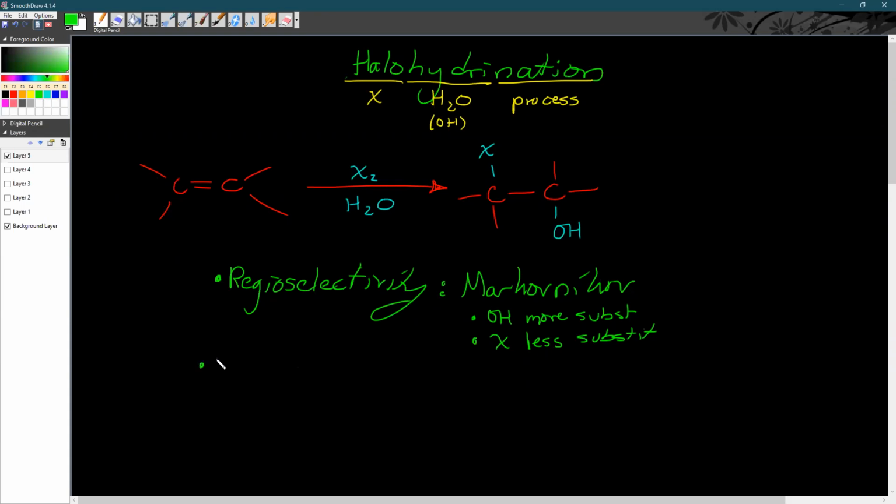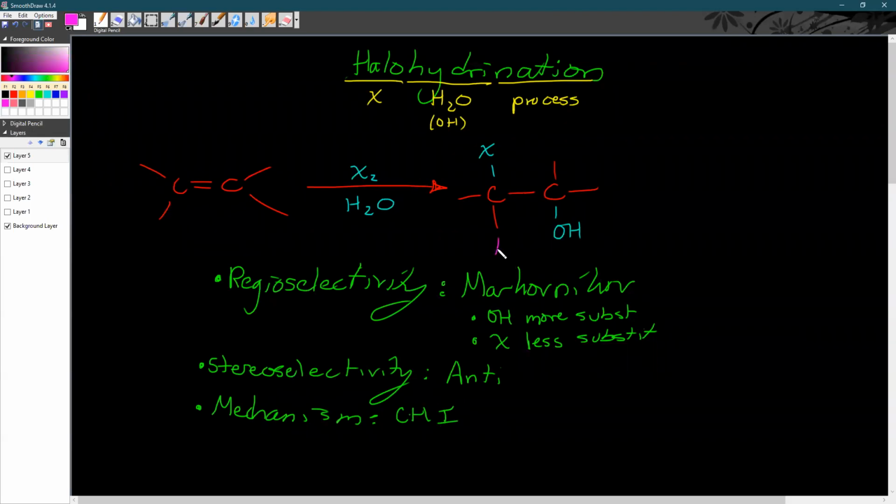Our stereoselectivity in this case, again, is anti. And our mechanism is, again, the cyclic colonium intermediate.